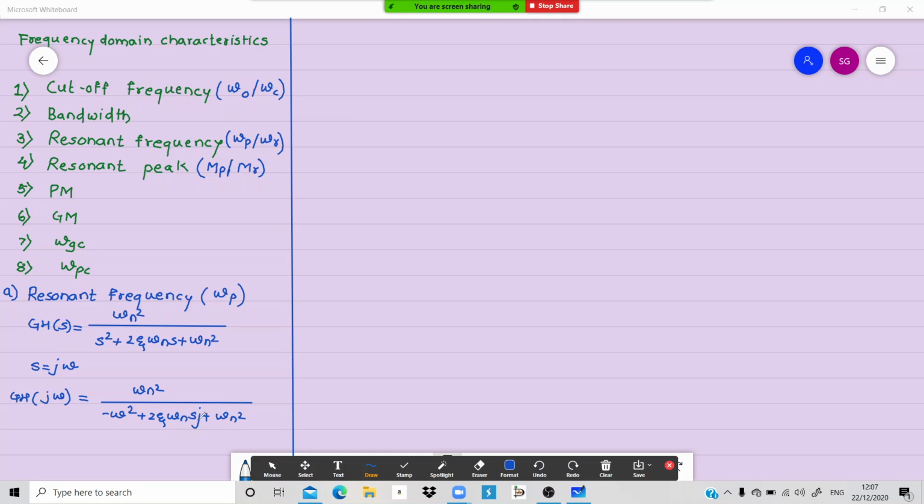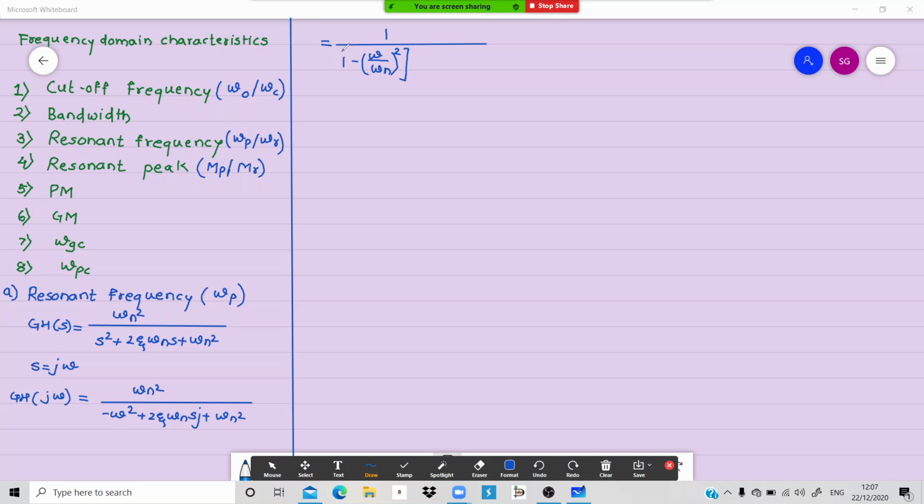Just purposely I am putting this j at the end, so it will be easy for us to take out the real part and imaginary part, because ultimately our aim is to get the magnitude of this. Because we want to take the magnitude, I don't want anything in the numerator, so I'll write 1 divided by, omega n square should be divided into this whole equation also, so omega square same term, minus 1 minus omega upon omega n bracket square, right?